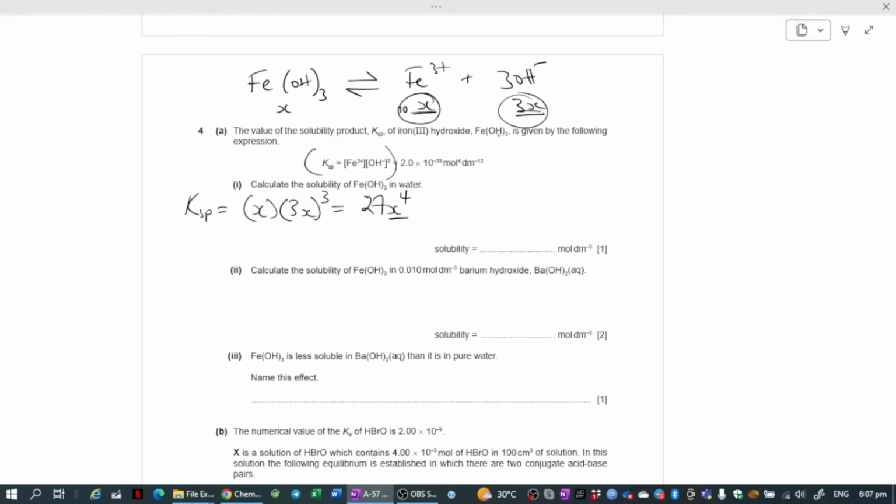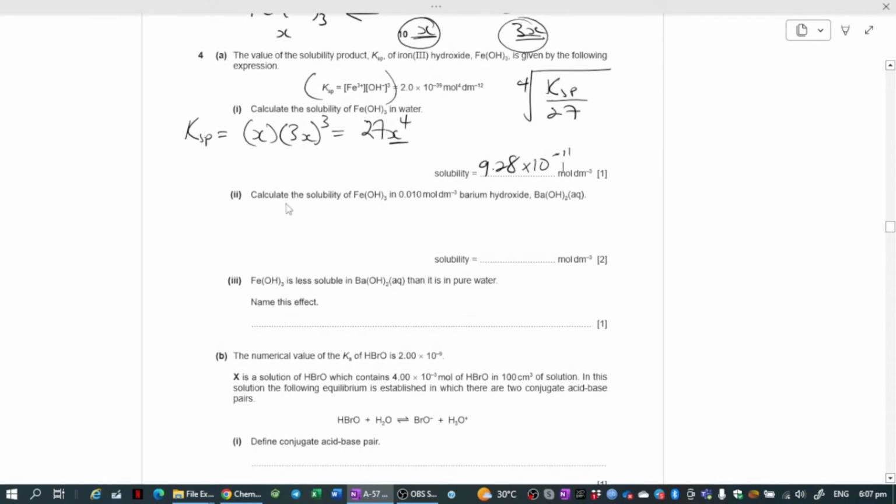And X in this case is our molar solubility. So the value of our solubility is the KSP value divided by 27, all taken to the 4th root, which when you evaluate on your calculator, you should get 9.28 by 10 to the negative 11 moles per cubic decimeter.